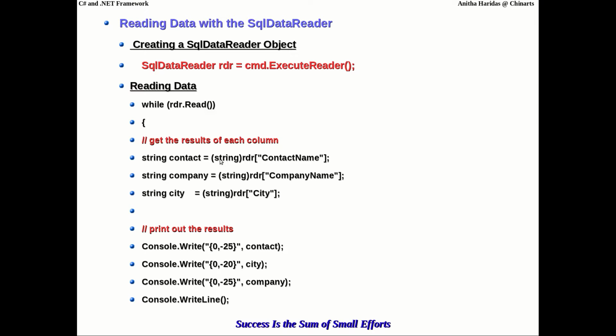If I want to get the data, you specify the reader object name, then within square brackets you can either specify the column name or give the index.